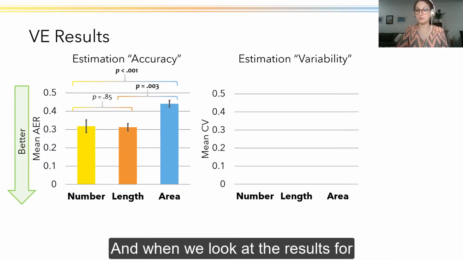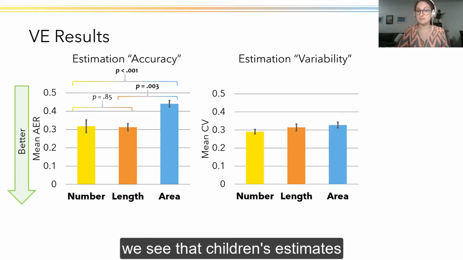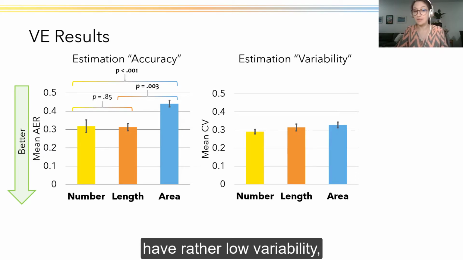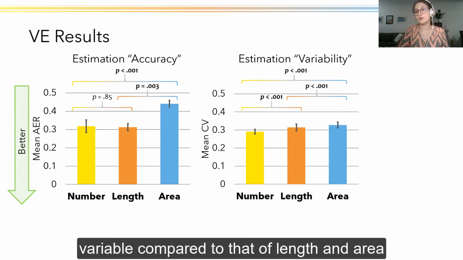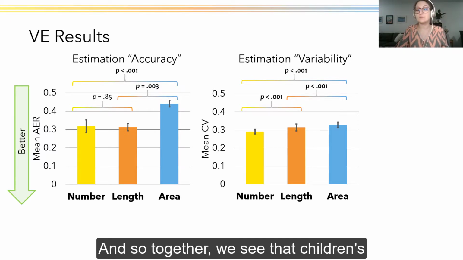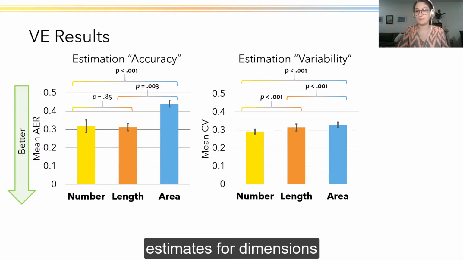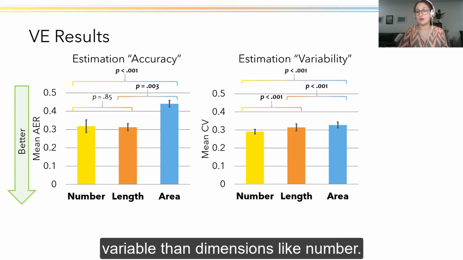And when we look at the results for number, length, and area, we see that children's estimates have rather low variability, but with number estimates being far less variable compared to that of length and area, as indicated by the lower mean CV values. And so together, we see that children's estimates for dimensions like area are far less precise and more variable than dimensions like number.